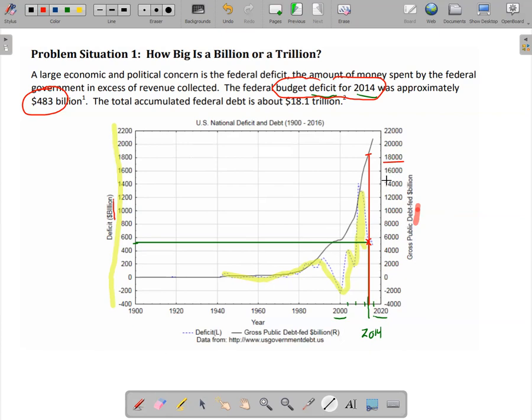18,000 billion. Ooh, what is 18,000 billion? 18 trillion. 1,000 billion is a trillion, so that would be, yeah, 18 trillion. So this number right here, I could call it 18,000 billion. That's certainly a name for it. I could also call it 18 trillion.